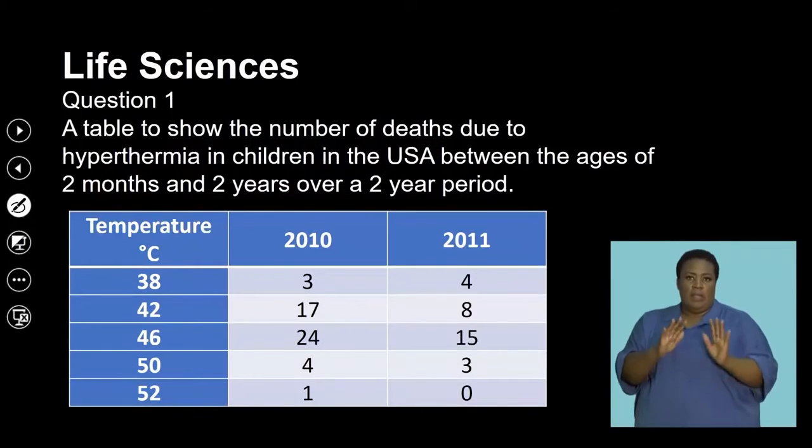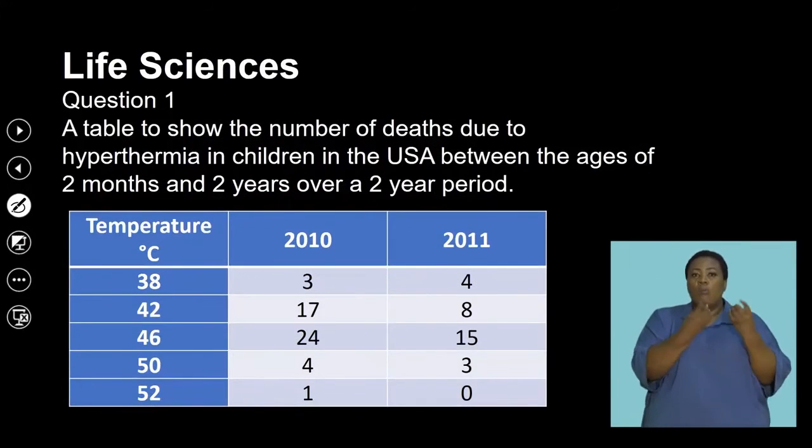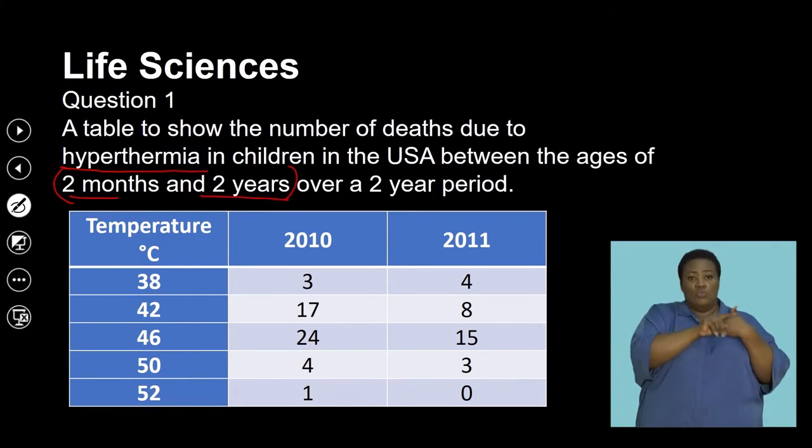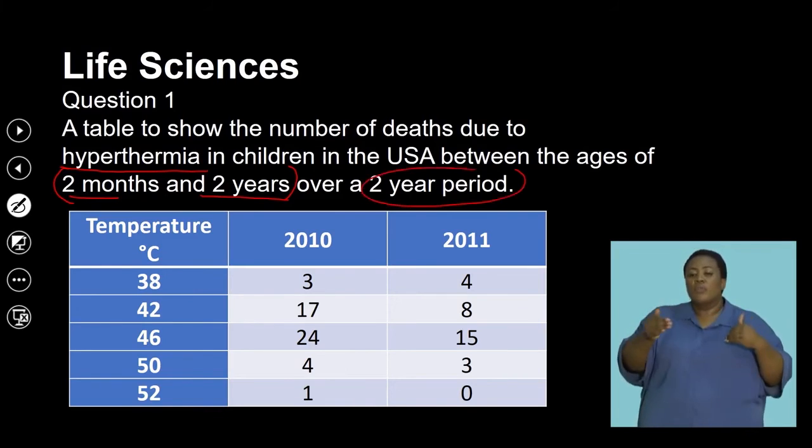So here's the table. It shows you the number of deaths, and it shows you, again, due to the process called hyperthermia, which is when the temperature exceeds body temperature. And the ages of the kids that we used were between 2 months and 2 years. So we used a cohort of babies between 2 months and 2 years, and this was done over a 2-year period.